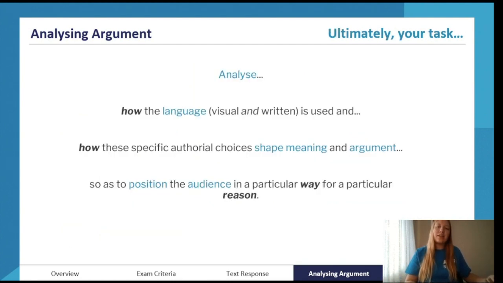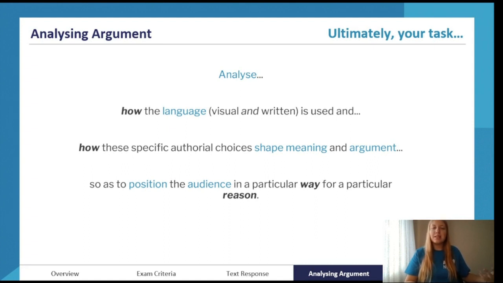But ultimately, your task is to analyze, and this is what VCAA wants you to do, how the language, both visual and written, is used, and how these specific authorial choices shape meaning and argument so as to position the audience in a particular way for a particular reason.